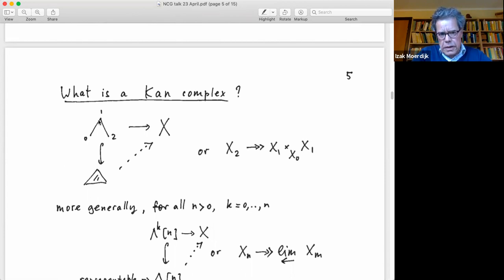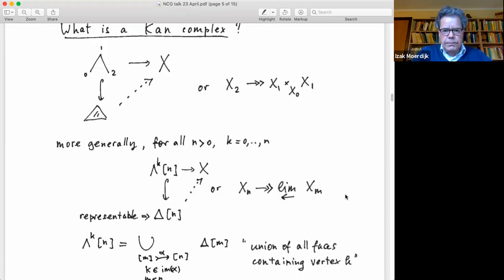If you're given an element of x1 that looks like this, and an element of x1 that looks like this, so the endpoint of one of the faces of one is also a face of the other. So you have two elements of x1 which agree in x0. Then you can actually extend that to an element of x2 that has these two as two of its faces, and the third one which is left open, free to choose, so to speak.